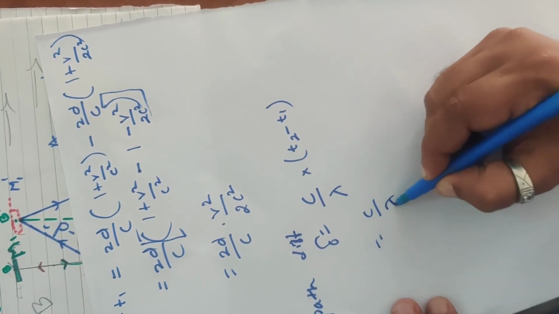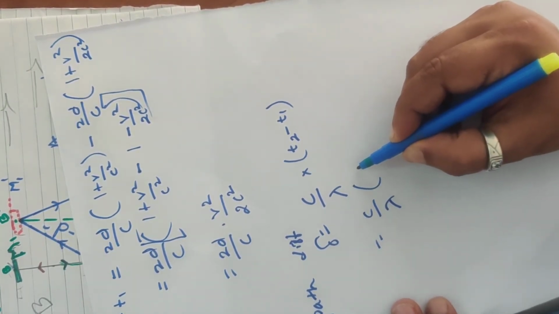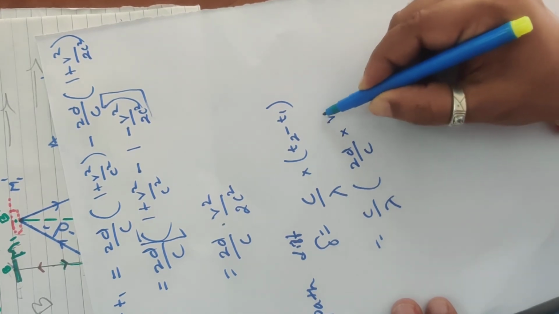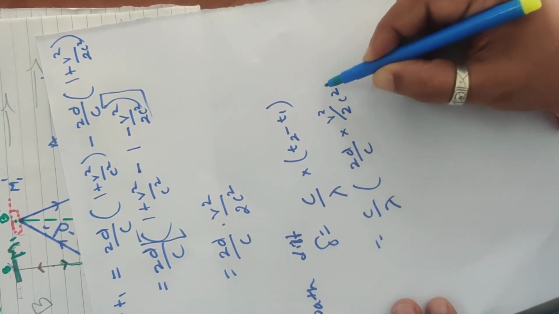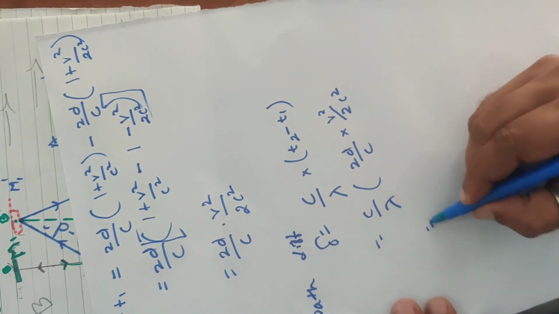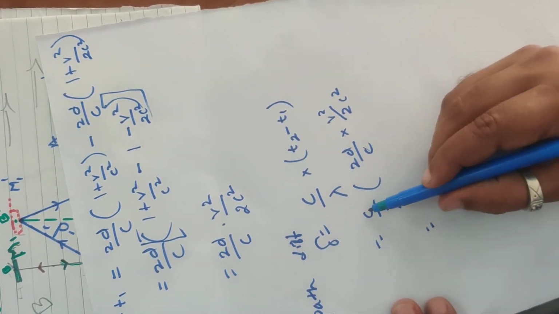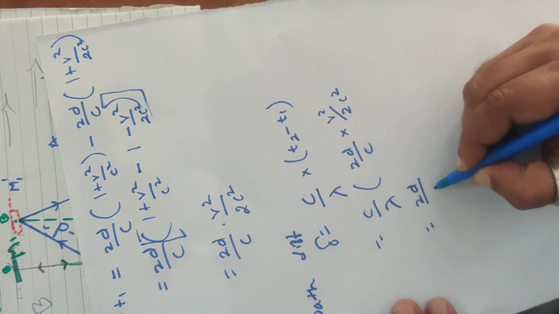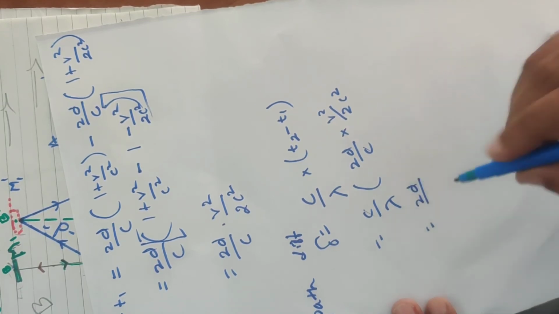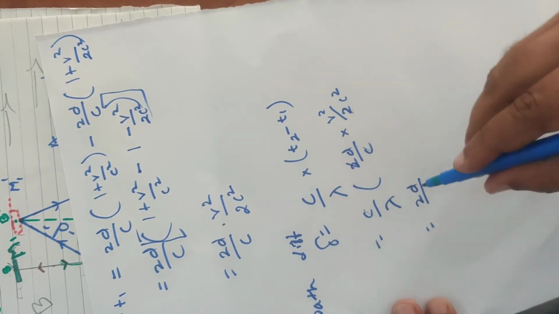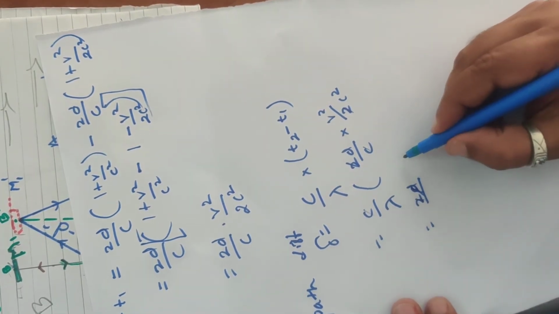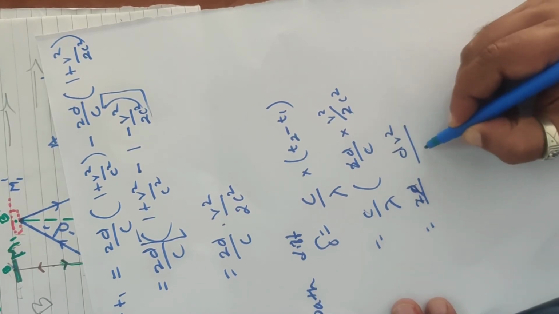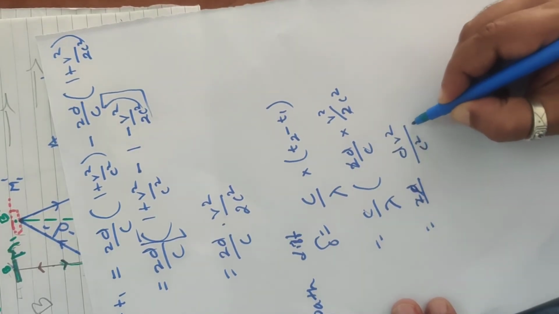C by lambda into (T2 minus T1) was 2d upon c into v square upon 2c square. What will be the remaining term? C will get cancelled, so that 2 will get cancelled. The remaining term will be dv square upon c square into lambda.